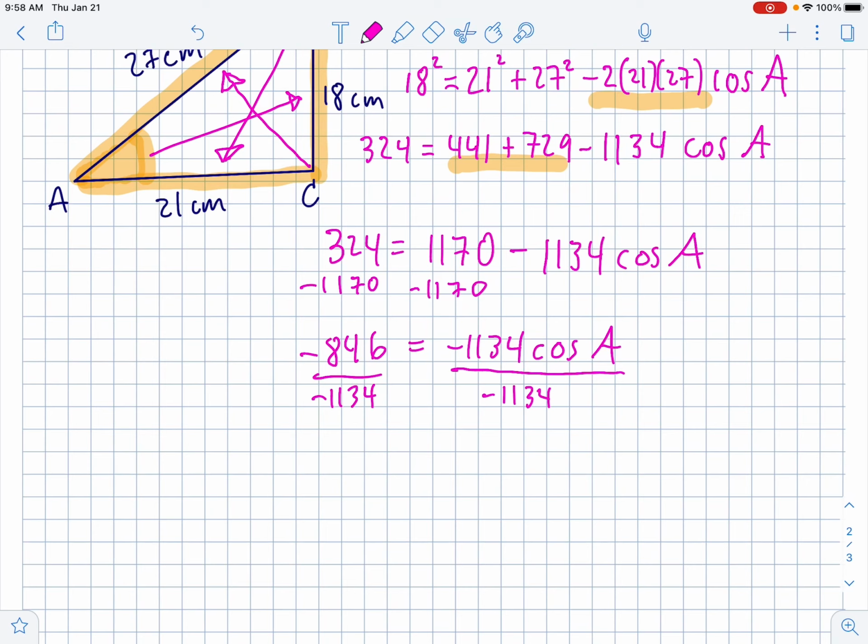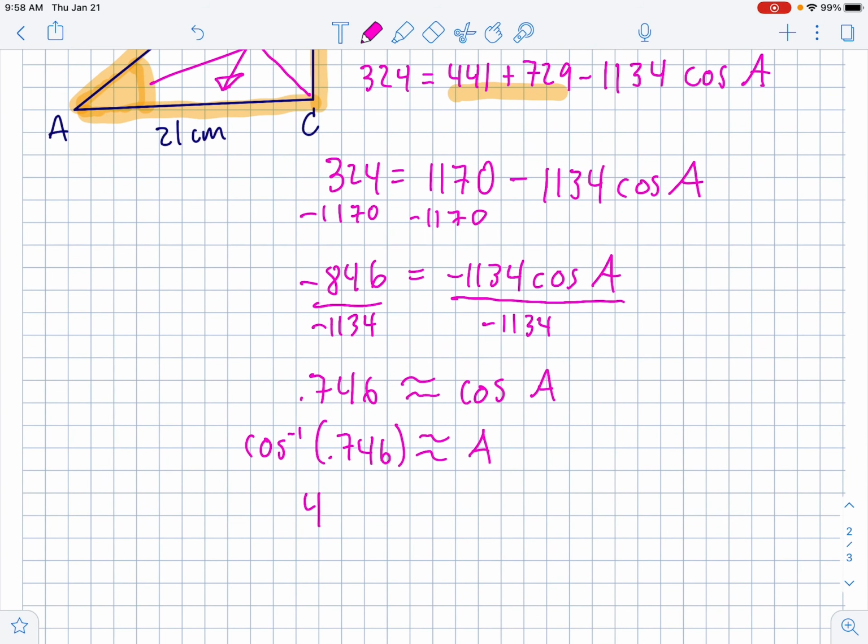And we get, I'm going to put a rounded decimal up here, 0.746 is about cosine of A. This is when you have to do an inverse cosine. So you could do inverse cosine to get the cosine away from the A and get just the A on its own. Now on my calculator, I'm not going to do 0.746. I'm going to keep that long decimal because the longer the decimal, the more accurate the answer. So second cosine of the answer is 41.75 degrees.